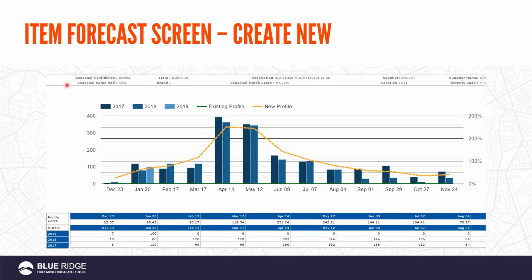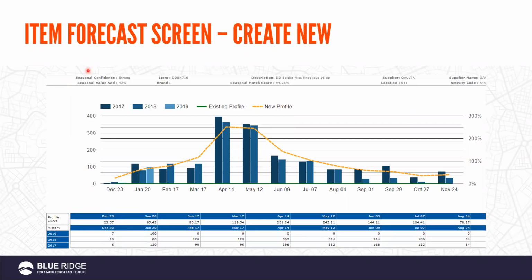Once we determine, is it a seasonal item, we're going to go ahead and develop a profile for the item based upon the demand history, lay it over top of that historical demand, and the higher the percentage, the higher this seasonal value add, that much better your forecast accuracy is going to be, and you'll see fewer demand exceptions.